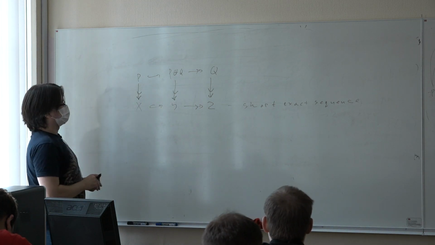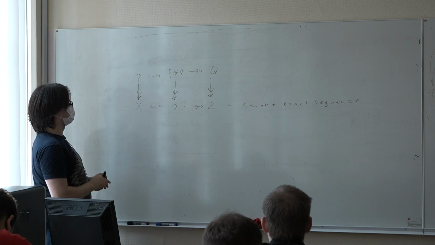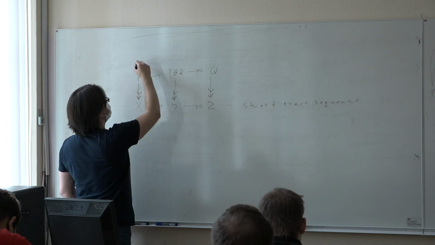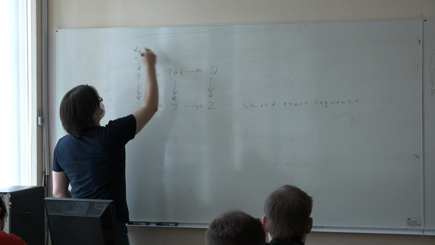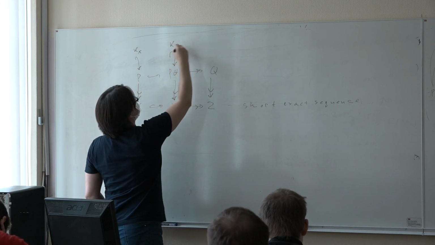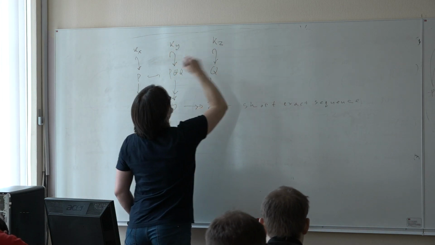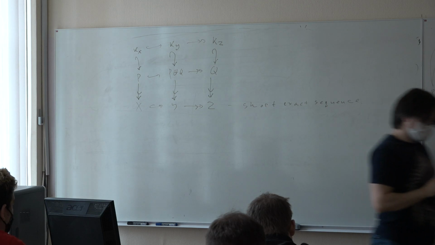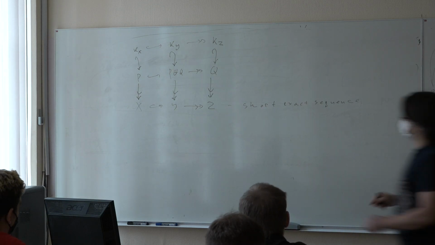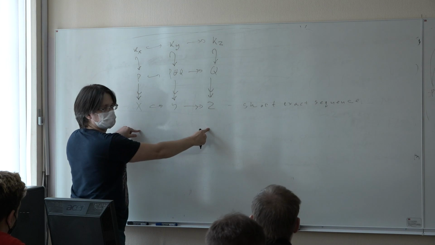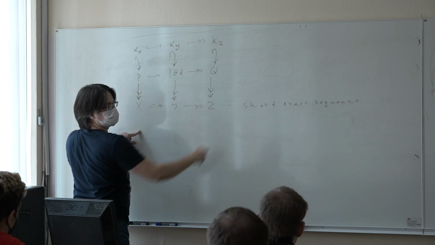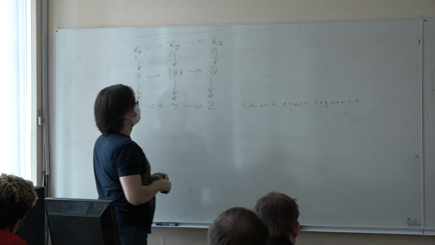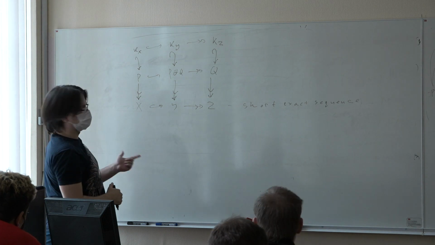And now we apply f. No, sorry. We take kernels with these maps. Denote them kx, ky, kz. Here we have again a short exact sequence, for example, by the snake lemma, because here cokernels are 0, and you have a long exact sequence, but since here it's 0, here it's exact.